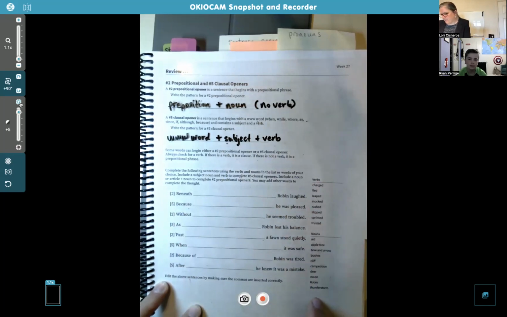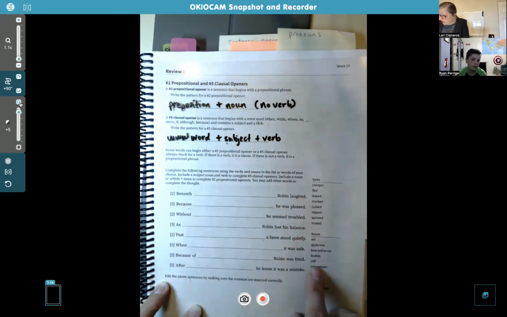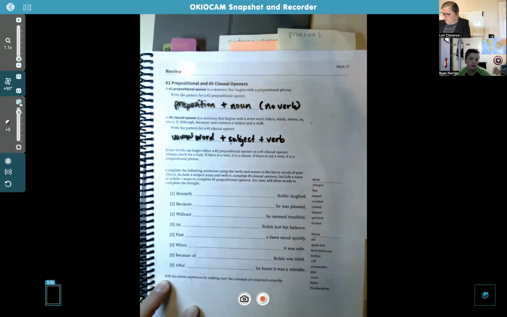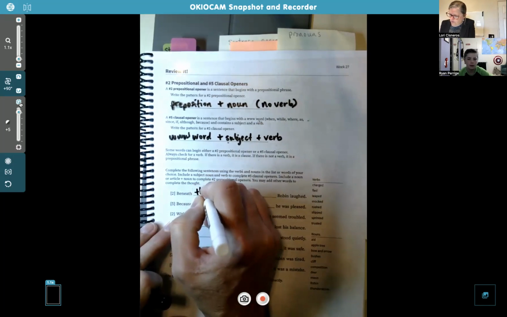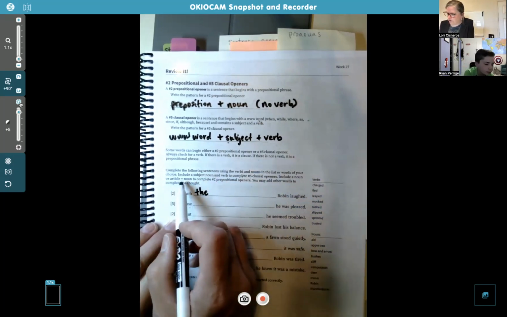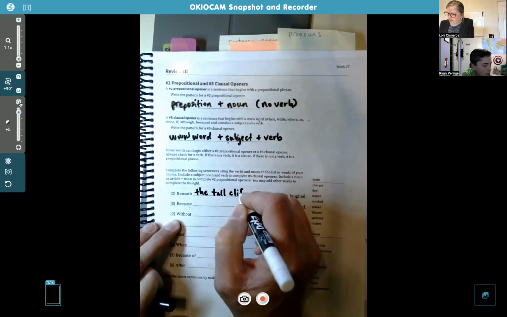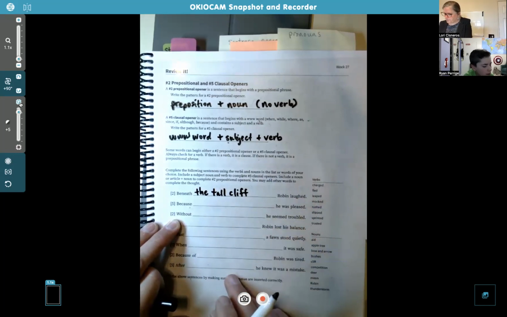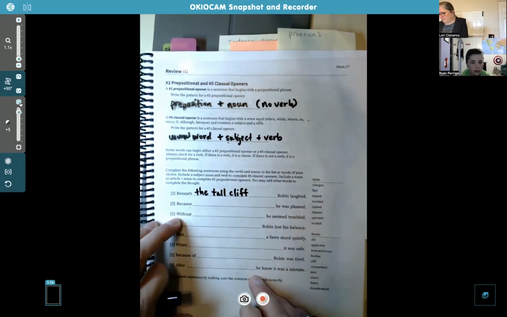So I'll look at the nouns and I'll say, beneath the tall cliff, Robin laughed. And we can use the, because that's an article, and it does say that you can have an article plus a noun. I'm going to put tall cliff. I have an adjective there too. So beneath the tall cliff, Robin laughed.